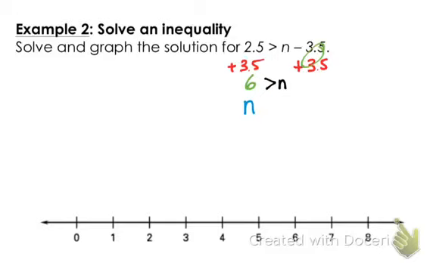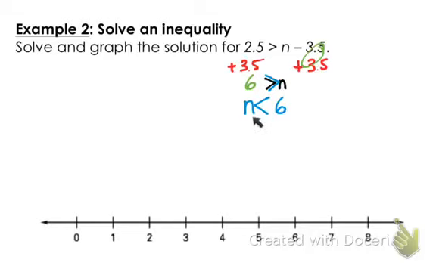It is clearly pointing to the n. So when you rewrite your inequality sign and when you switch it around, observe what direction the inequality sign is facing. We have the greater than symbol pointing to the n. So then our new inequality, which is the same thing, will also point to the n. And then you write down your value. So then this inequality being read from left to right is n is less than 6.